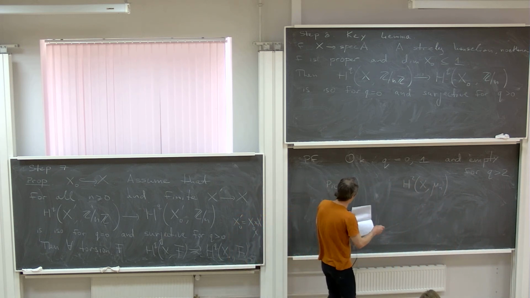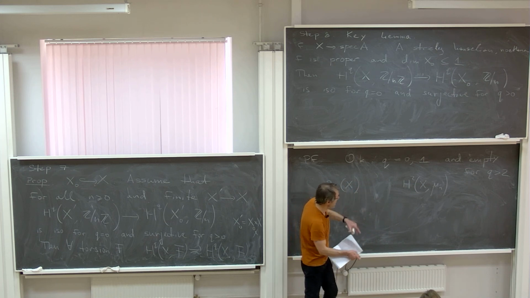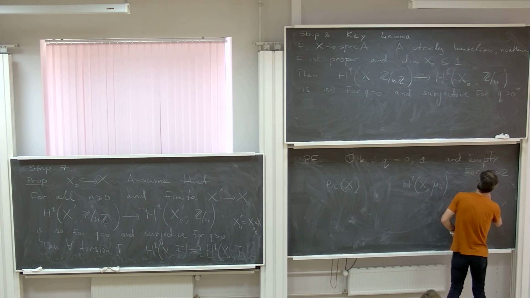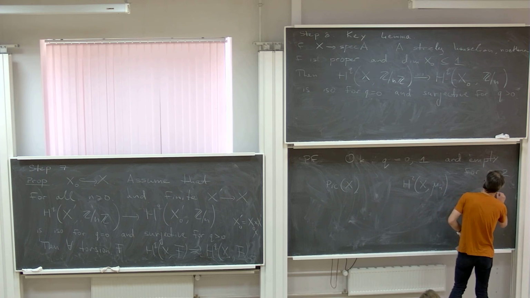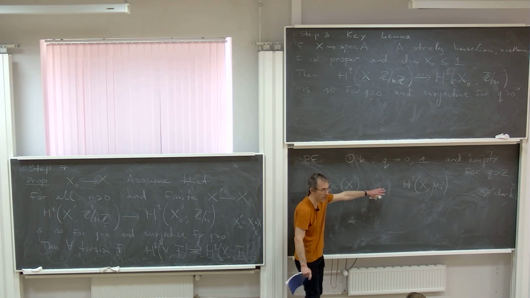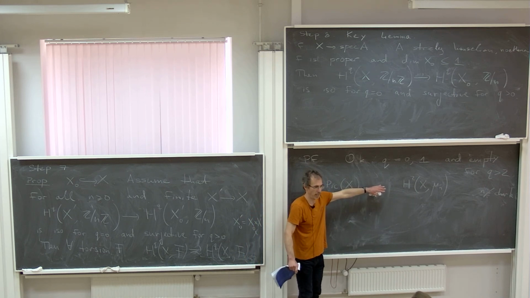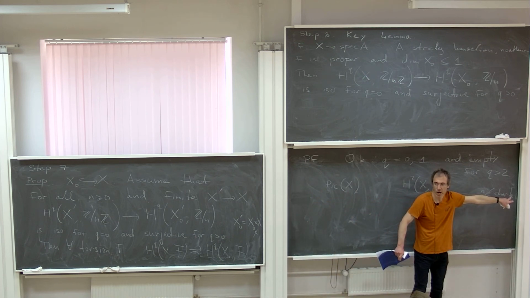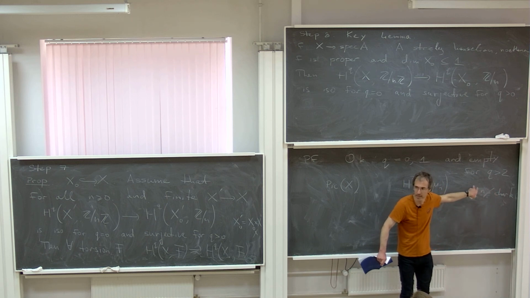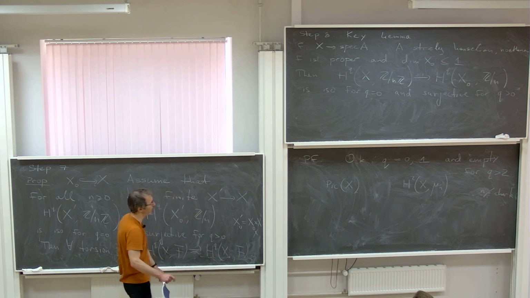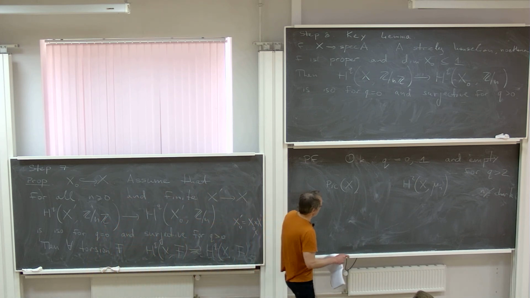I need to consider two cases: when n is divisible by the characteristic, and when n is not. My time is very short, so I will consider the most interesting case. The argument when n is a power of the characteristic uses the Artin-Schreier sequence, and it's easier than this. And it's not that interesting because we will not be looking at the homology with coefficients in Z mod pZ.